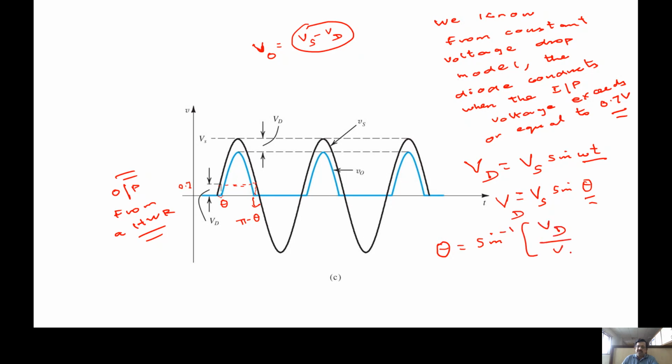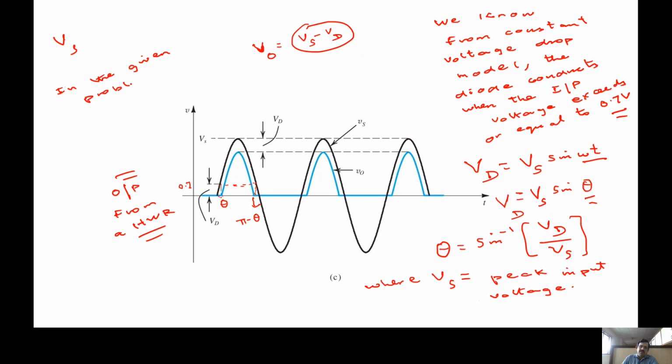Vd by Vs, where Vs is the peak input voltage. Now Vs is given in the problem: Vrms equal to 12 volt.